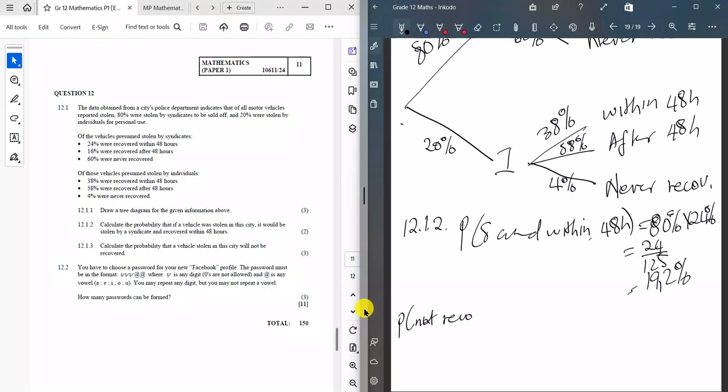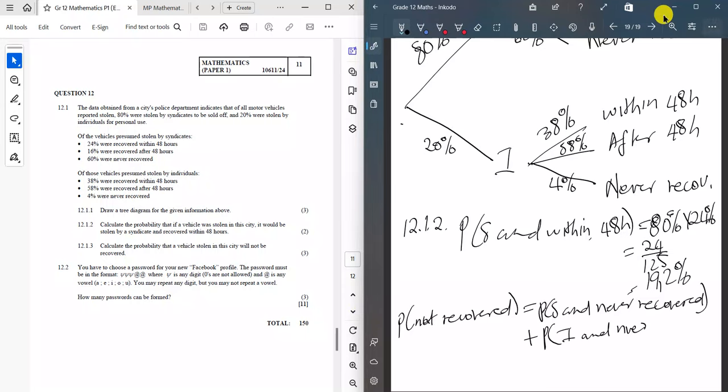The probability of not recovered will be the probability of syndicate and never recovered, plus the probability of individual, stolen by individuals for personal use, and never recovered.